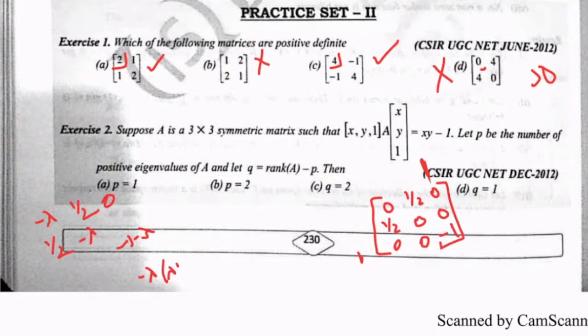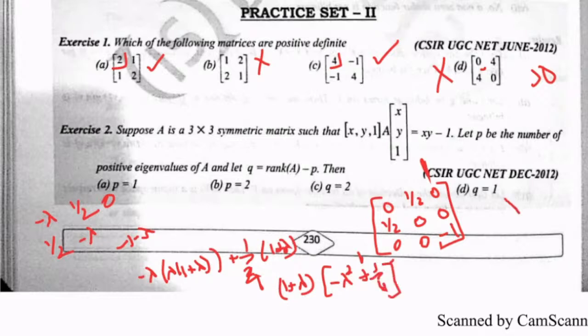Expanding, we get minus 1 plus lambda into lambda square minus 1 by 4.